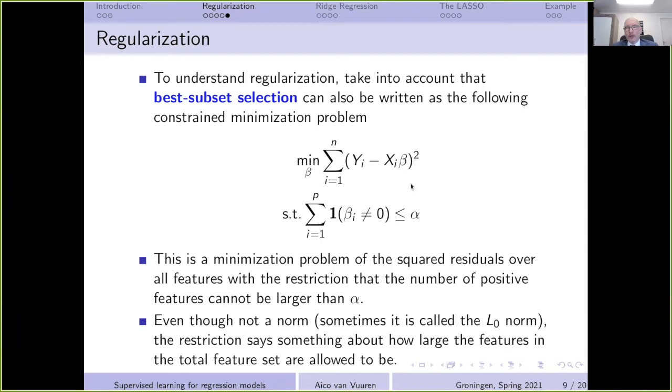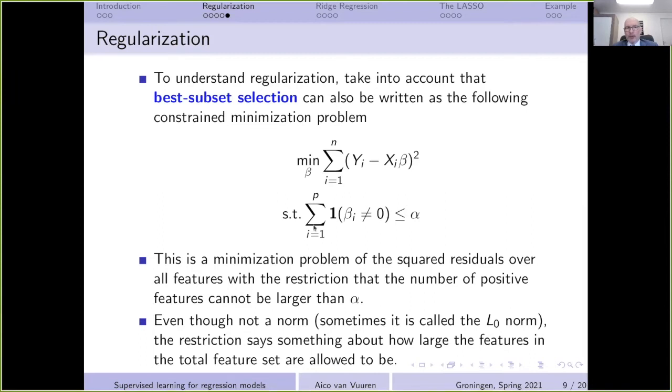What we could do is include only alpha regressors over here. But we could have also looked at all the different axes, so the P potential regressors, the P features that we have, but we already set a number of them exactly equal to 0.